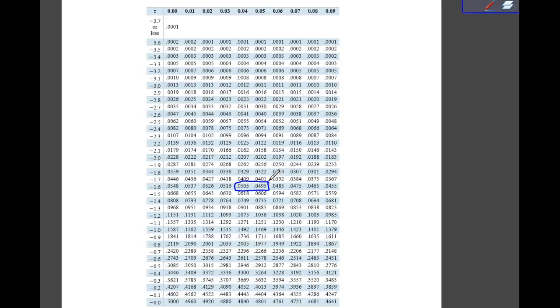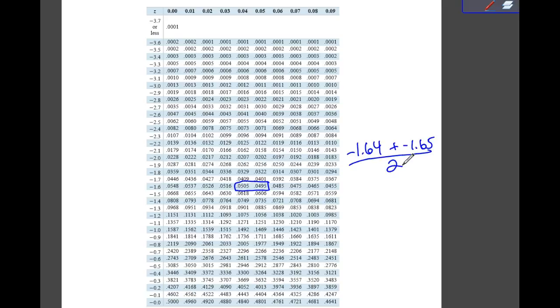So what we're going to do is, this z-score is a negative 1.64. So negative 1.64. This one is a negative 1.65. We're going to take their average.